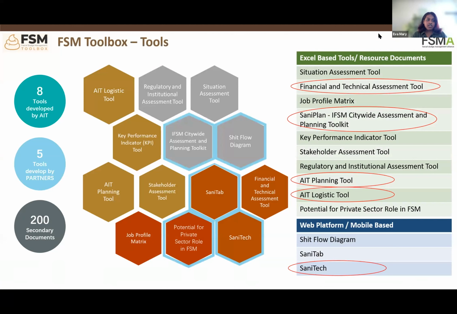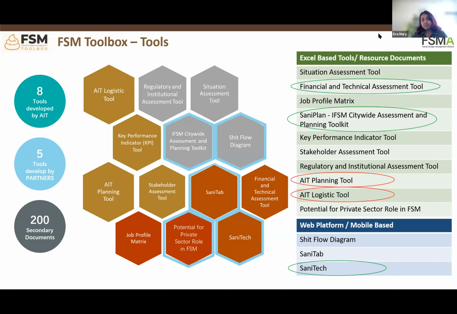So that brings us to the planning tool. The planning tool is composed of various tools: the financial and technical assessment tool, the Sanitation Planning tool, AIT's planning tool, the logistic tools, and SanitationTech.